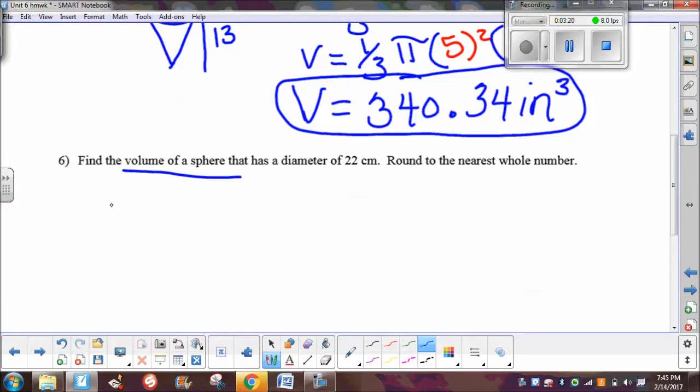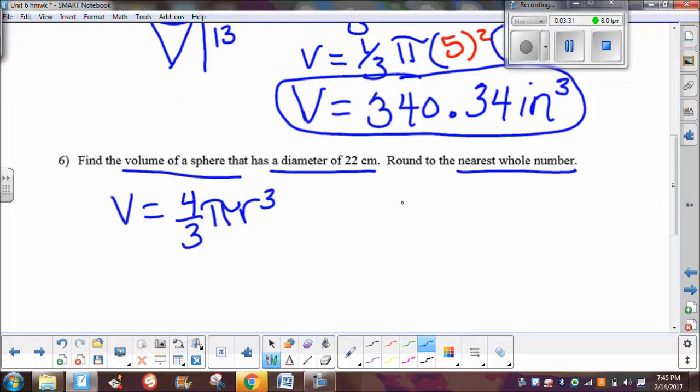So volume of a sphere, volume equals 4/3 pi r cubed, and it has a diameter of 22, rounded to the nearest whole number. So we've got the sphere, and the diameter of that sphere is 22. Okay, but the formula calls for the radius, so be careful.